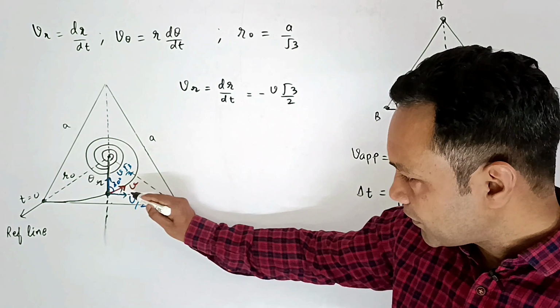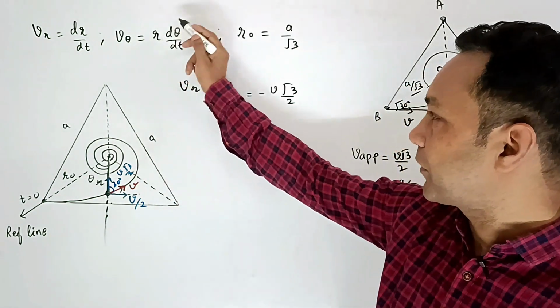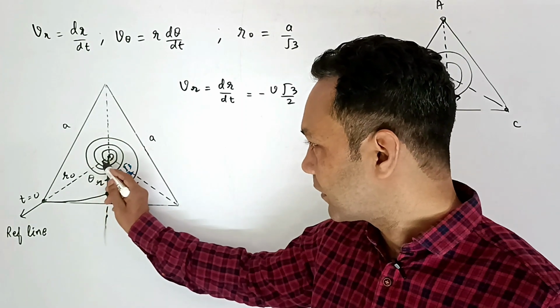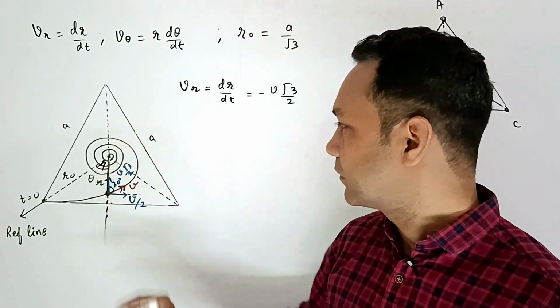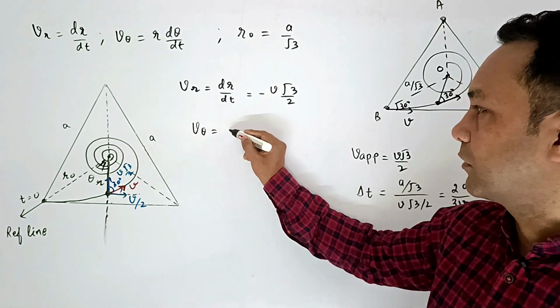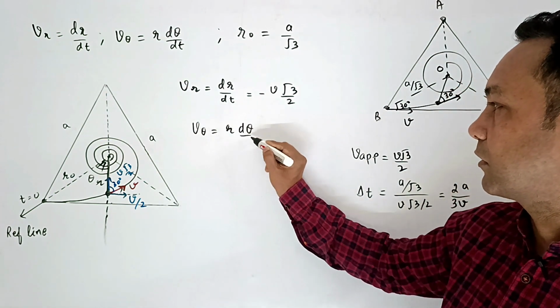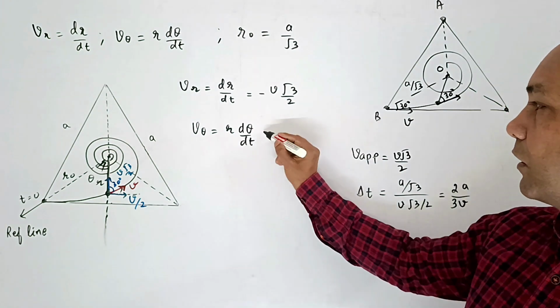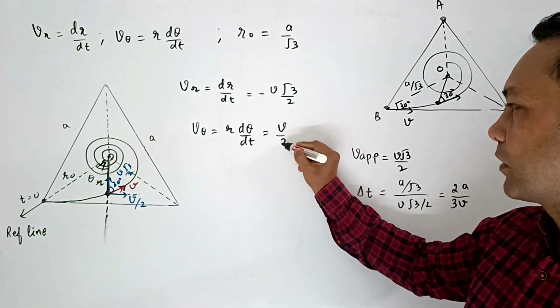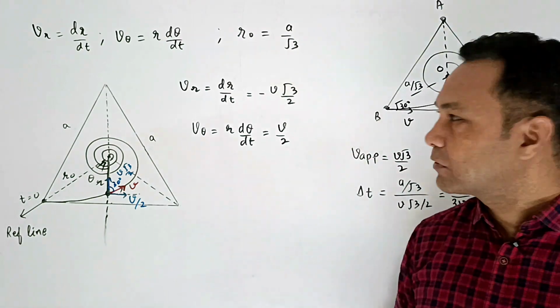And this component is r omega, or r d theta by dt, and this is theta. It has already rotated by this angle theta. So V_theta is equal to r d theta by dt. And how much is this? It is in the positive direction. This is V by 2. So just divide these two equations.